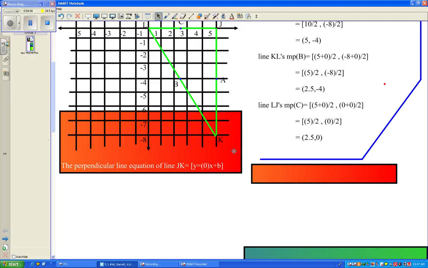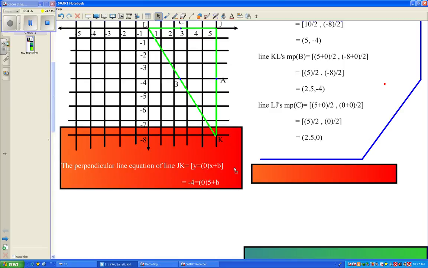And so we're going to plug in the midpoint to that, and that's -4 equals 0 times 5 plus b.